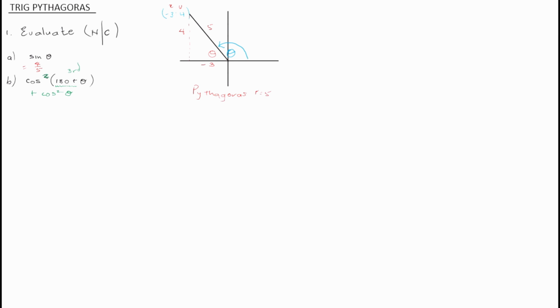Then you look up off your diagram, and cos is -3 on 5, and then you square it. So the order of working is very important. That gives you an answer of 9 on 25.